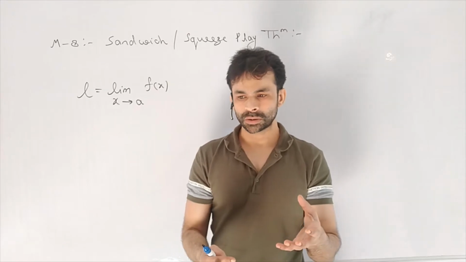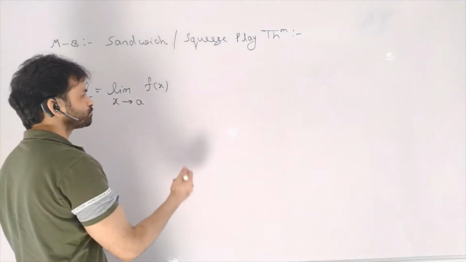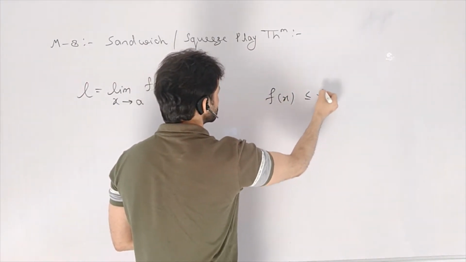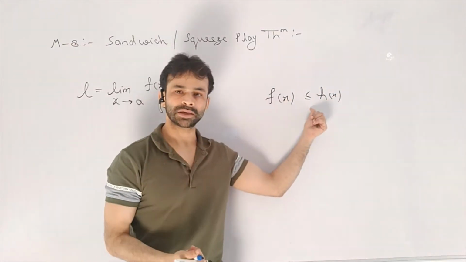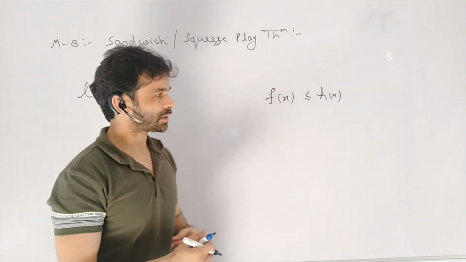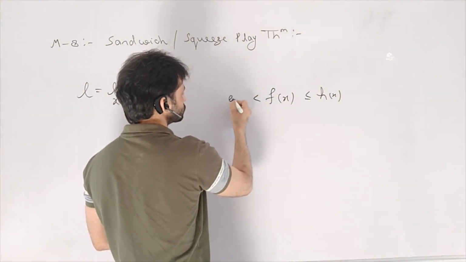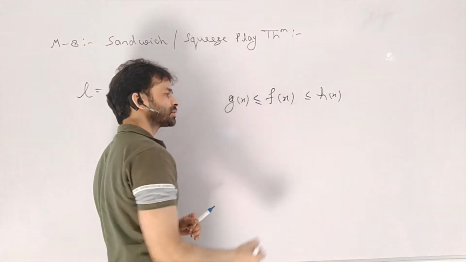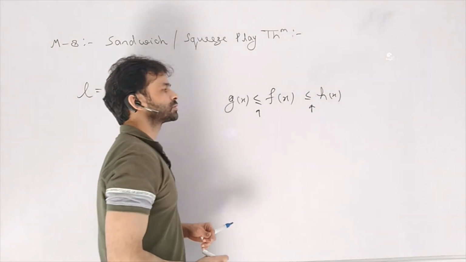In that case, if you can think of some function h(x) which is greater than f(x), equality can be there or cannot be there, it depends. Sometimes there is no equality. And there is some function g(x) which is less than f(x). Equality can be there, but this is not a must.